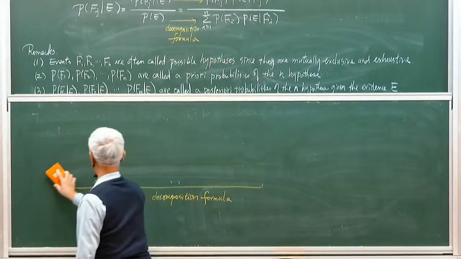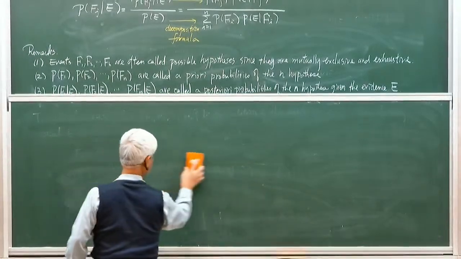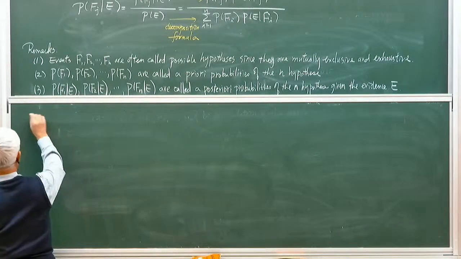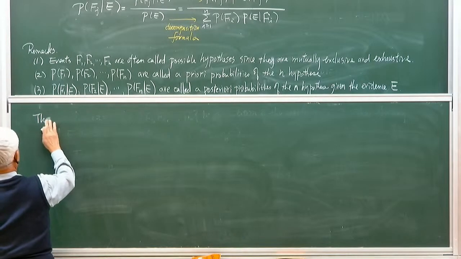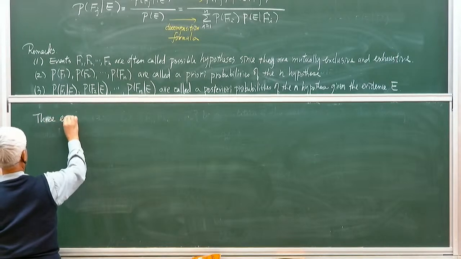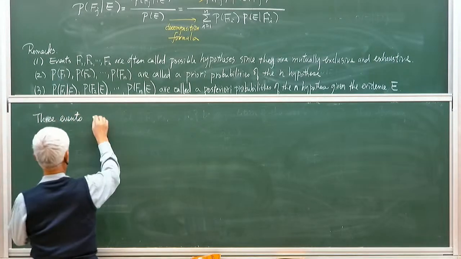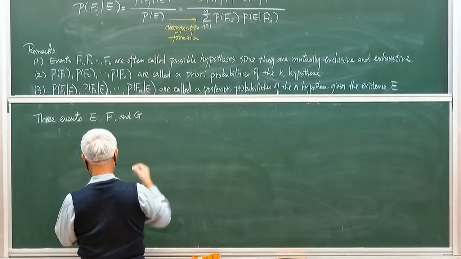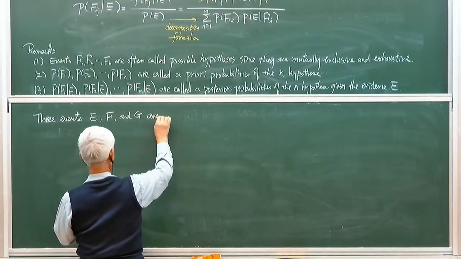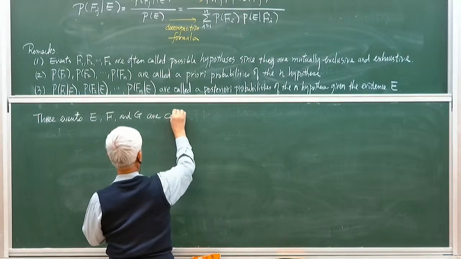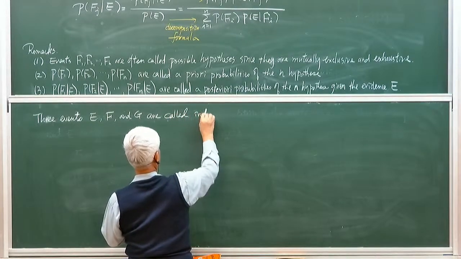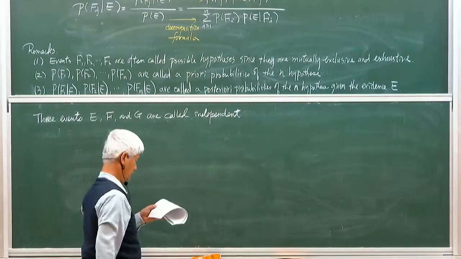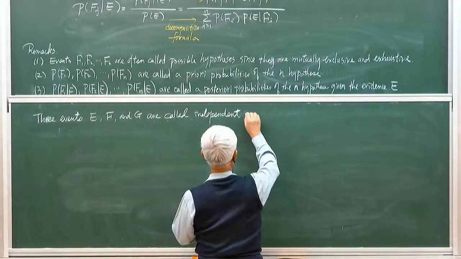We start with three events. Three events E, F, and G are called independent.